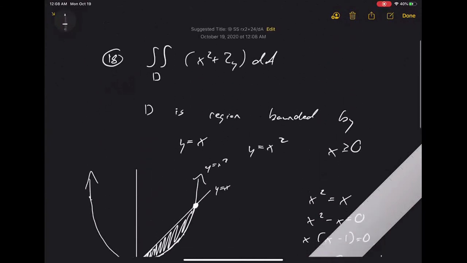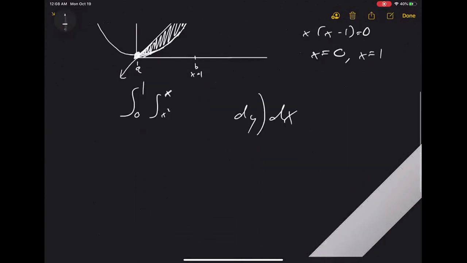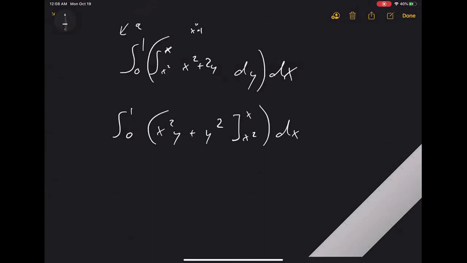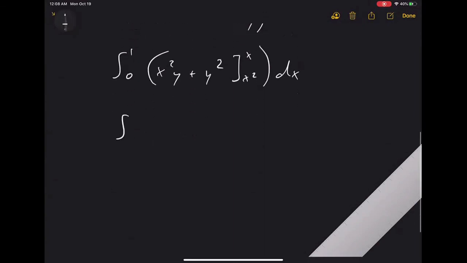And then what's the function I'm integrating? x squared plus 2y. Okay, so first I integrate in terms of y. And what do I get? Okay, now I evaluate my integral at my bounds. So I'm plugging x in for y.